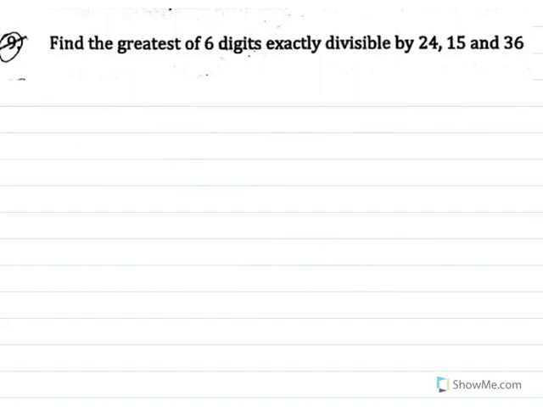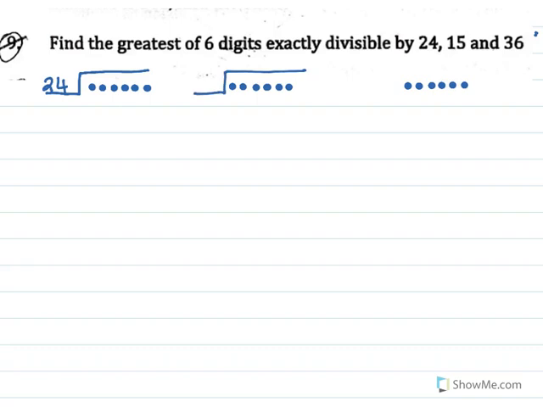Find the greatest 6-digit number that is divisible by 24, 15 and 36. So I need to find a 6-digit number like 1, 2, 3, 4, 5, 6. Yes, 6-digit number, and it should be divisible by 24. It should also be divisible by 15 and also divisible by 36.